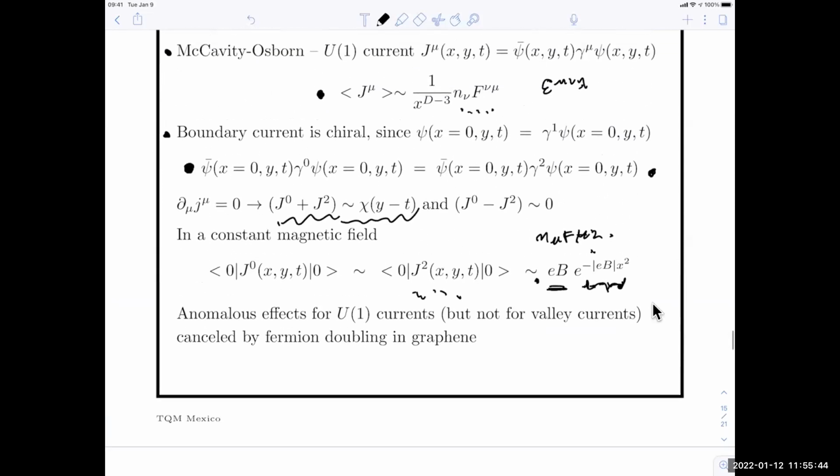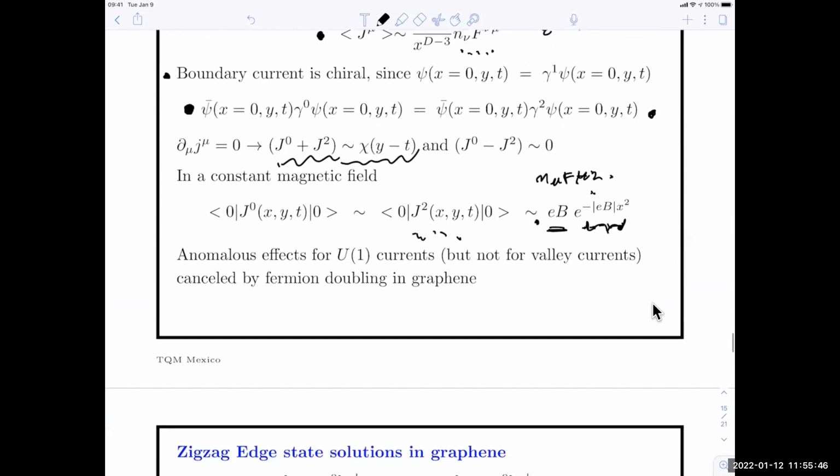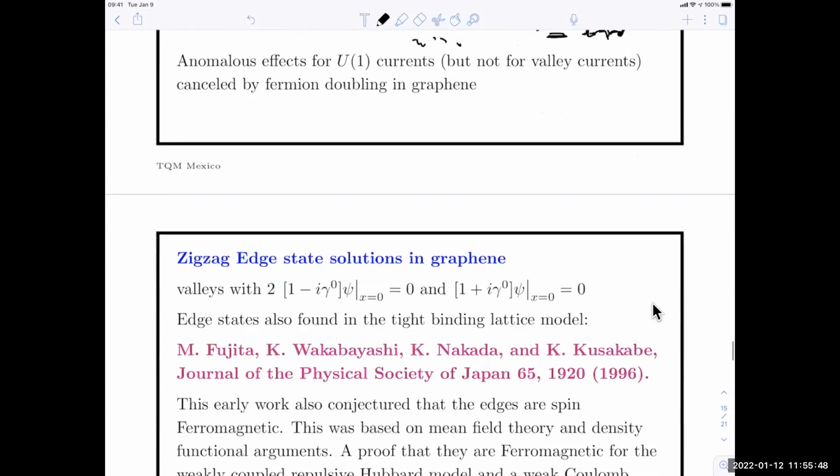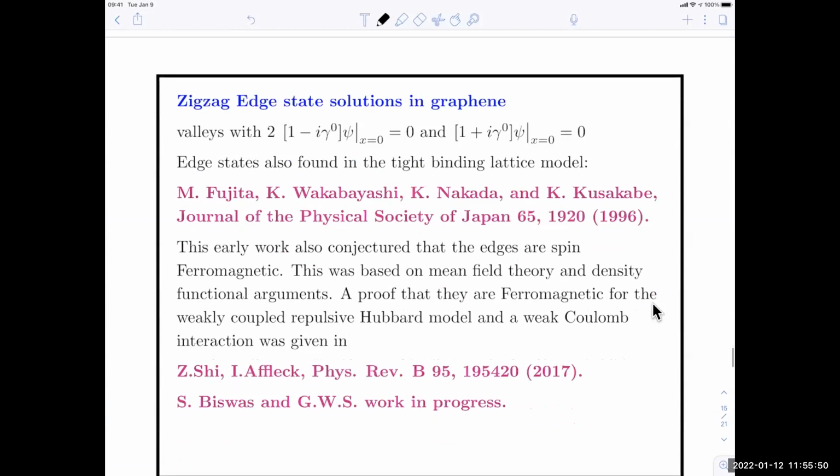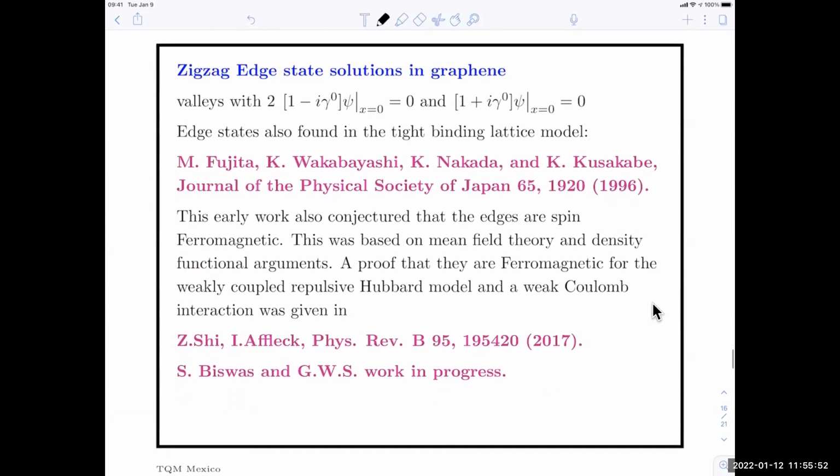Okay, so let me check the time, and I think I have a little bit of time left. Let me jump over to the other kind of edge. So that's all I have to say about the armchair edge for now, but it is an interesting bit of science.